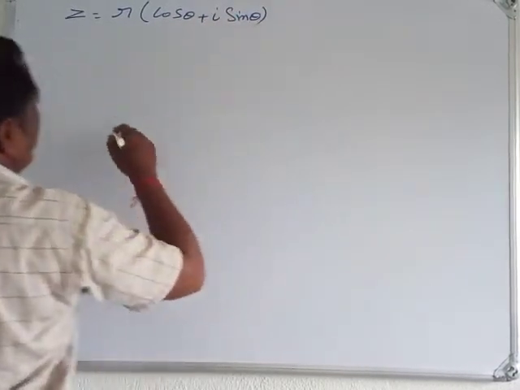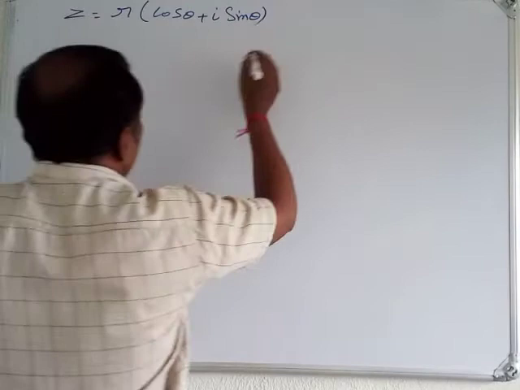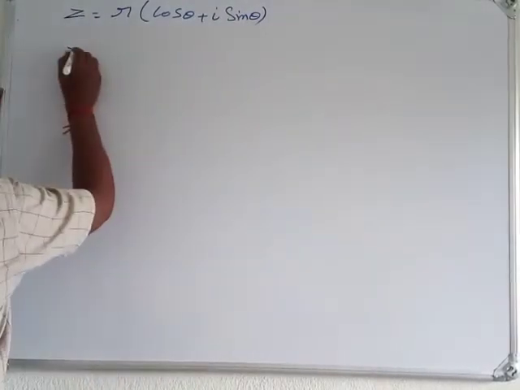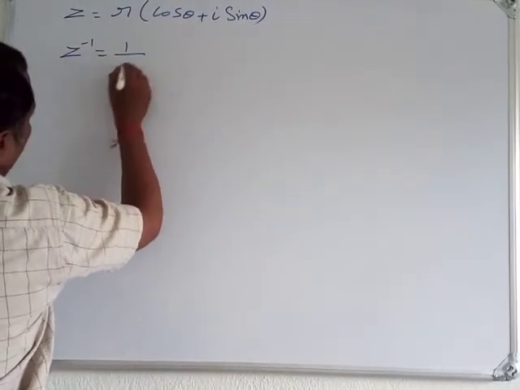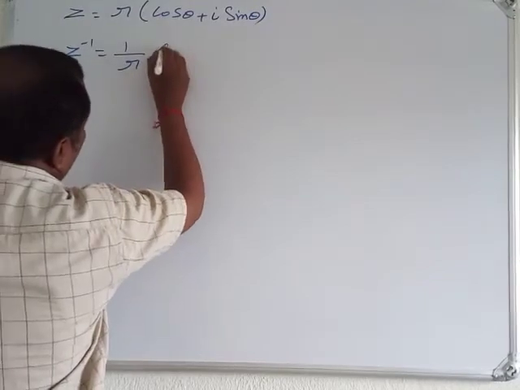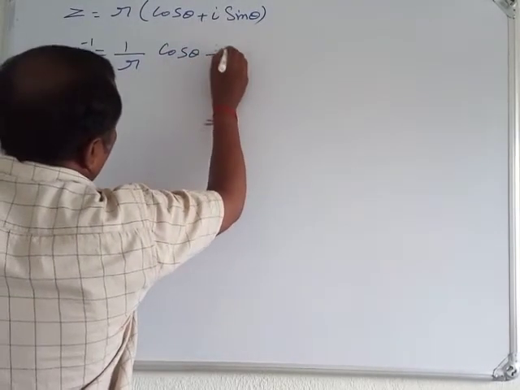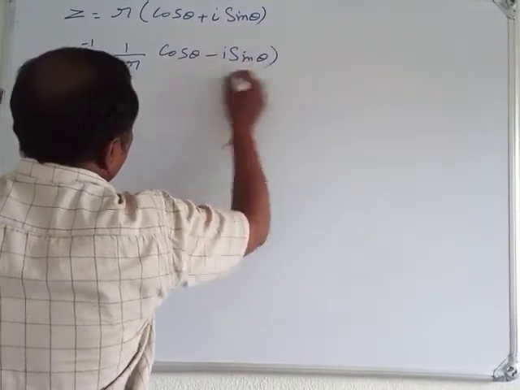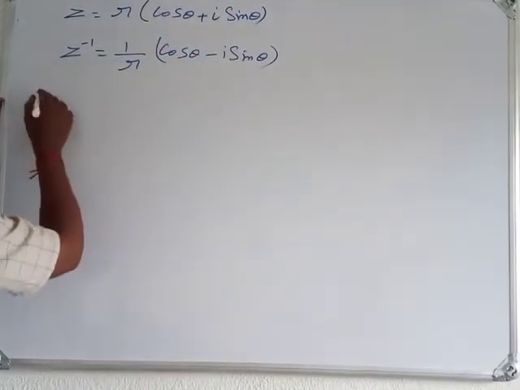What is z inverse, sir? How to prove z inverse? Z inverse is equal to 1 divided by r into cos theta minus i sin theta. This is the first property. How to prove this one?